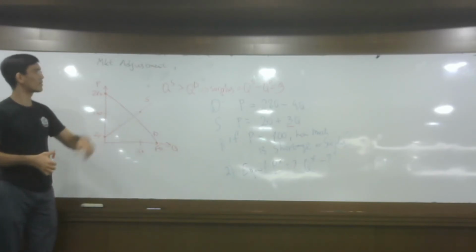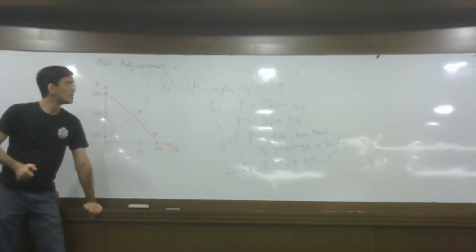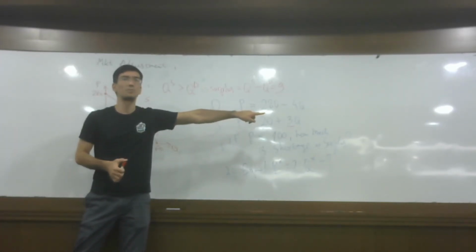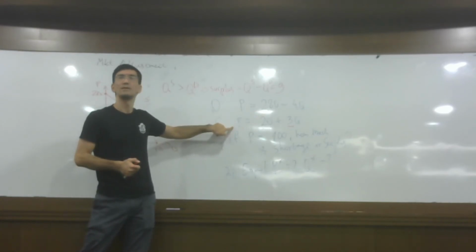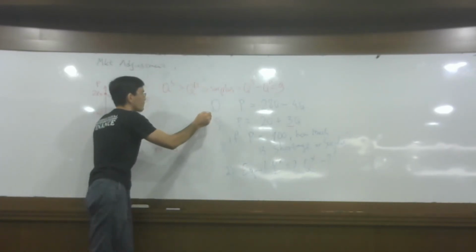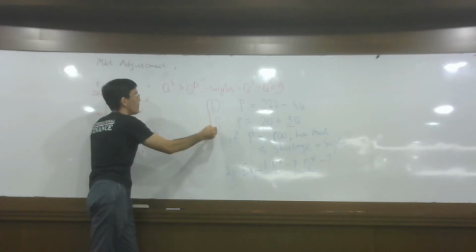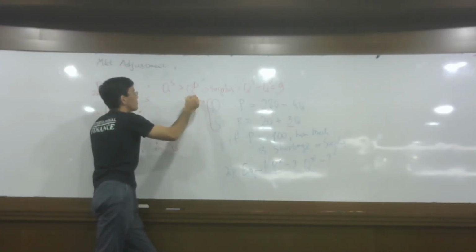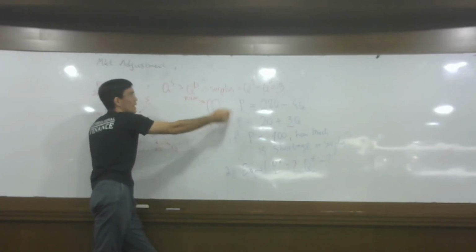Then the price of 100. You just put 100 here and see how much is the quantity supplied. Let's do it in written form so you can see everything. Plug price equals 100 into both of these.